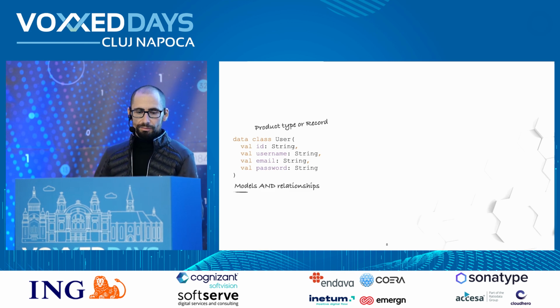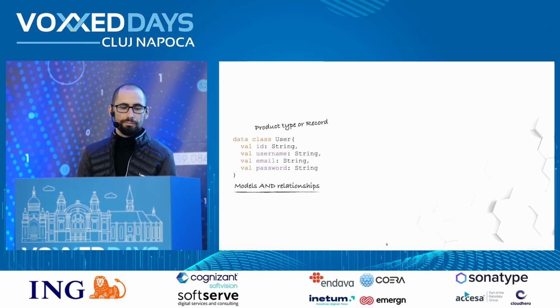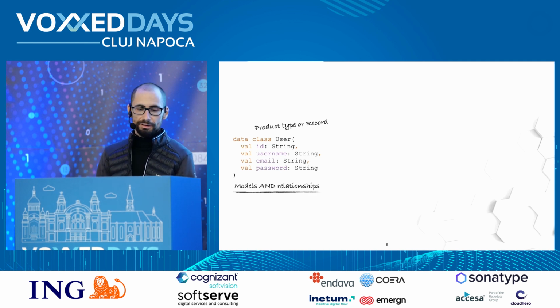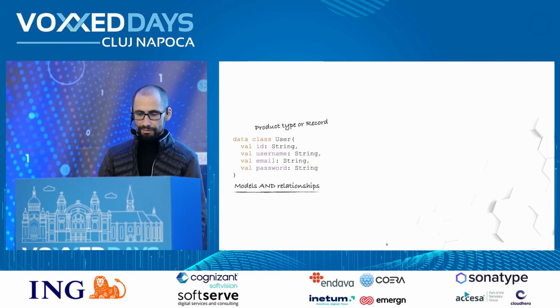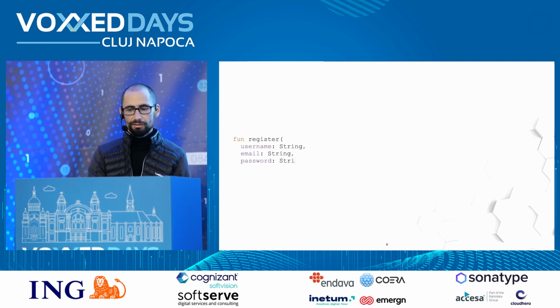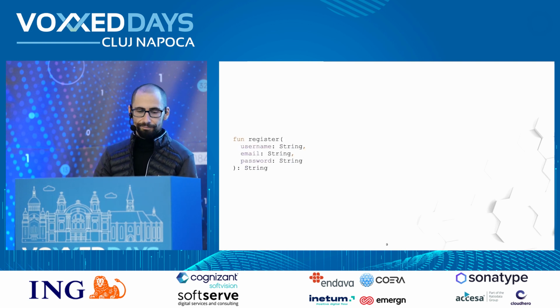And they're called product types because they model end relationships. So when you see something that is modeled as ID and username and email and password, these are product types or records. Now that we have our user, let's register.